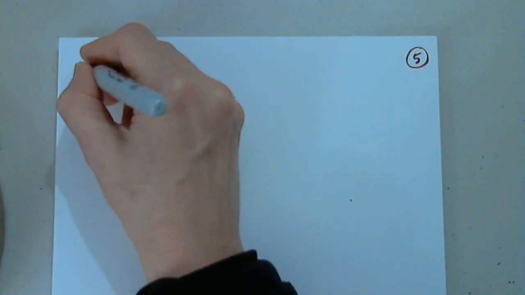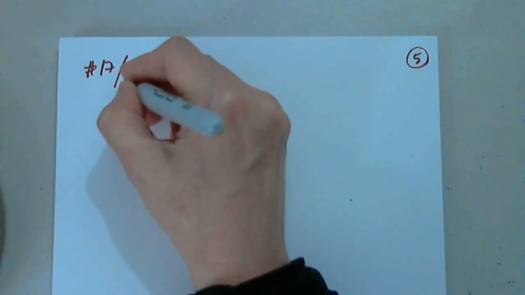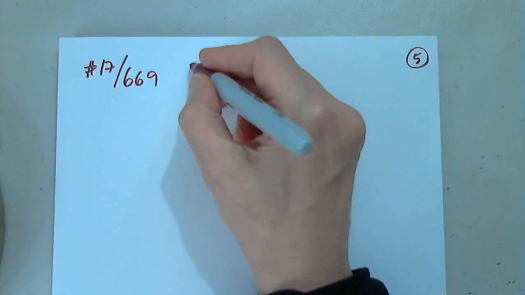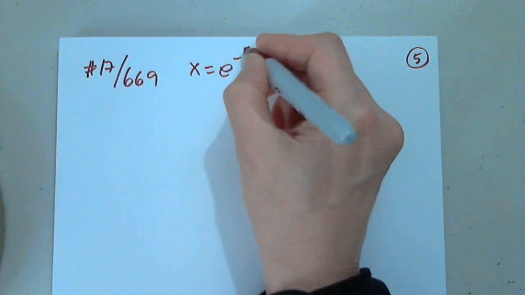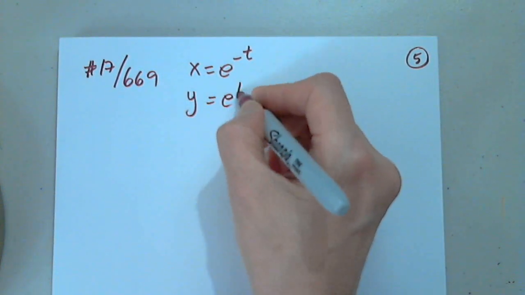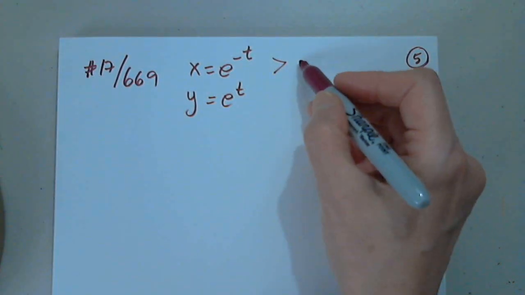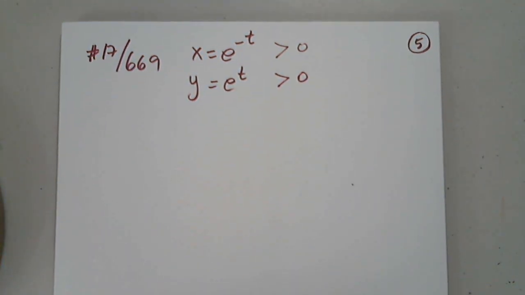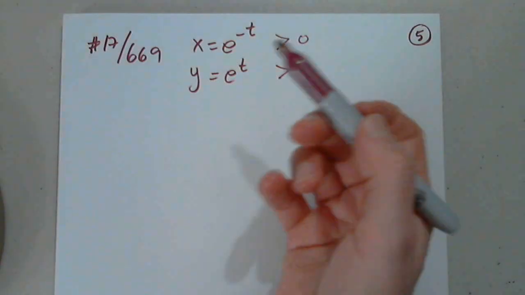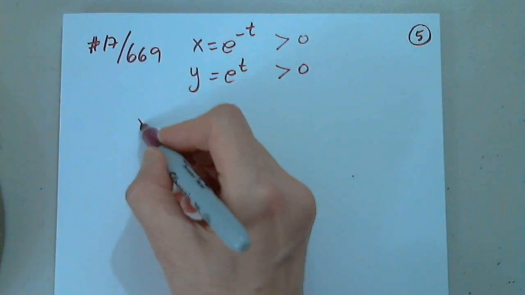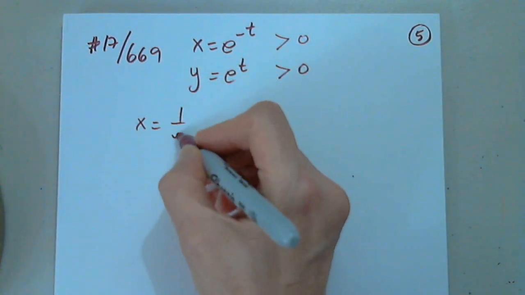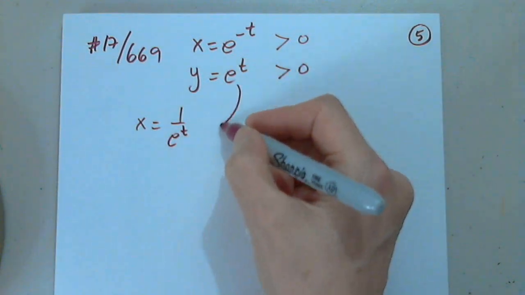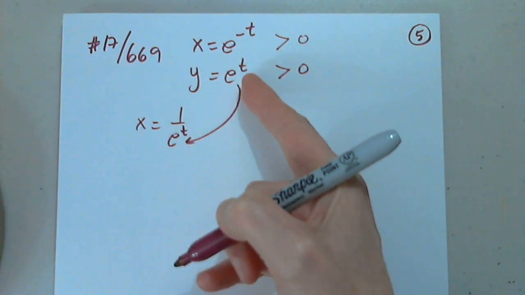Let's see what else we have here. Problem 17 on page 669. Same question: x equals e to negative t and y equals e to t. Notice that both of them are strictly positive. So in order to eliminate the parameter, first I'm going to write that x equals 1 over e to t, and I will replace e to t by y.